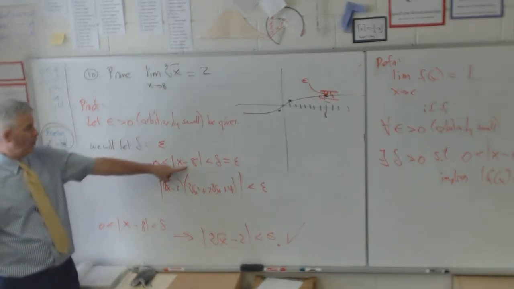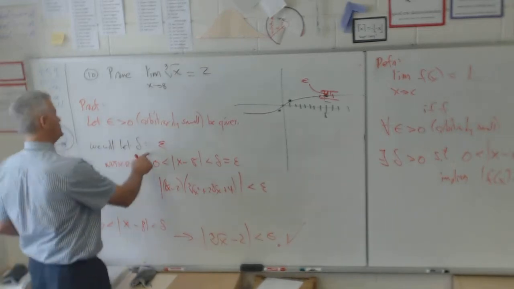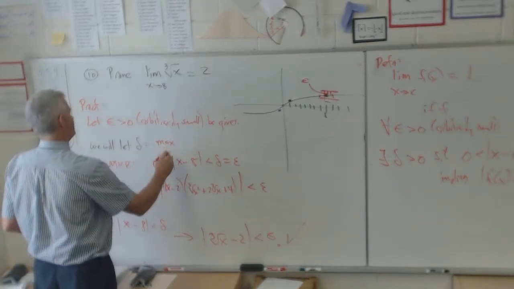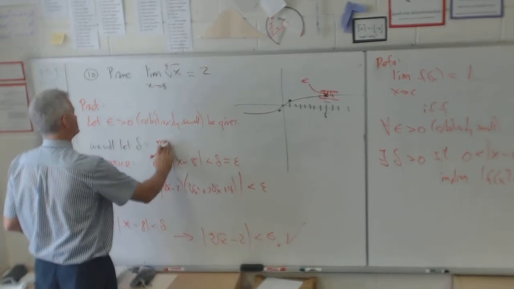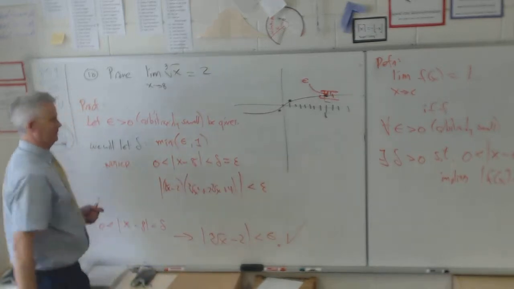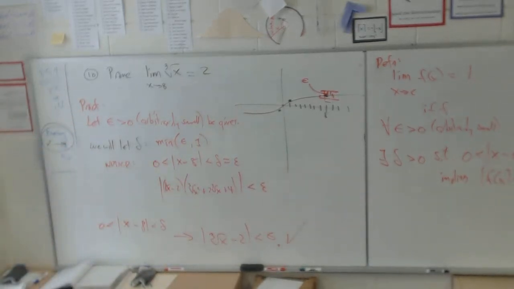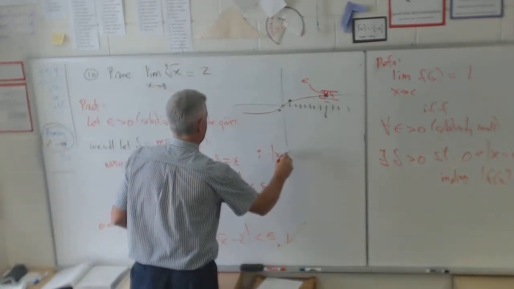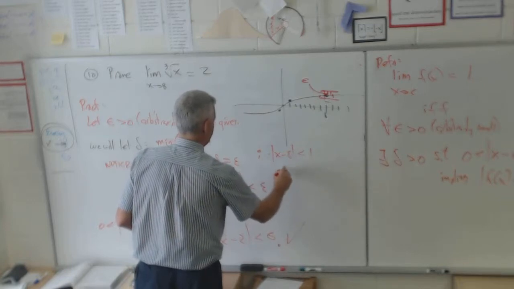Sometimes what we do is we let delta be the minimum of epsilon and 1. Okay, so we make sure it's at least as small as 1. So |x minus 8| is less than 1.